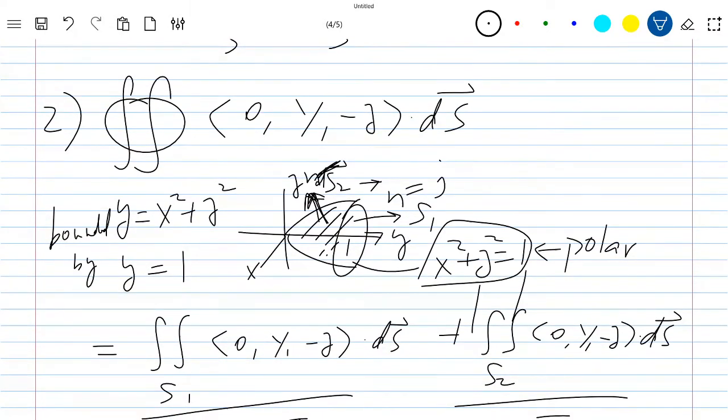Y is positive here, so this integral should be positive, right? Because on this surface, y is positive. And here, negative z means if z is positive, it's going down. Oh, so it's inward, and y is this way.